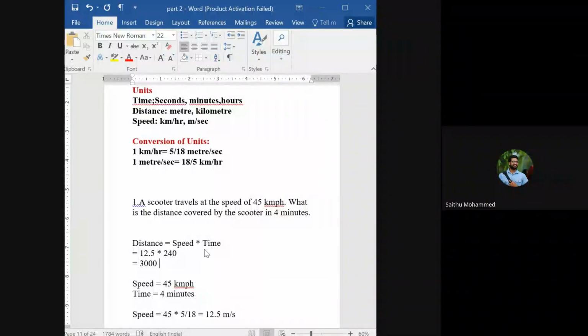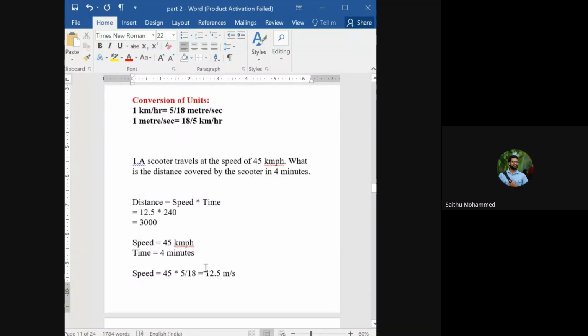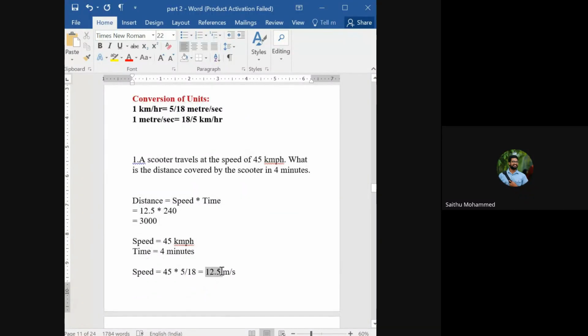So this is now 3,000. The distance will be in meters. Why is it meters? Because we said speed is in meter per second. That's why whatever amount we get will be in meters. So 3,000 meters.